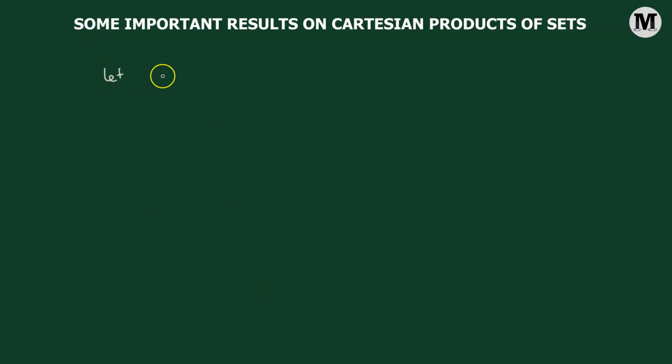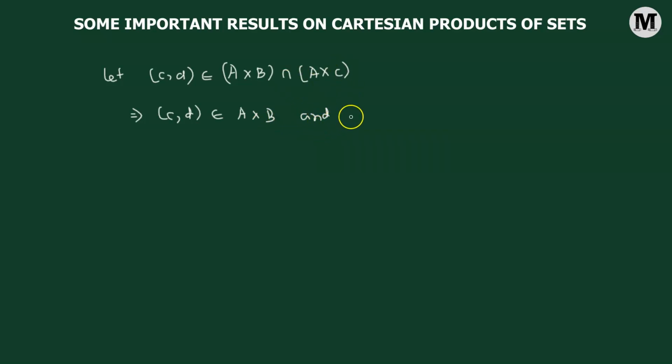Let the ordered pair be C comma D. So let's say this ordered pair belongs to the Cartesian product of A and B intersection with the Cartesian product of A and C. This means that the ordered pair C comma D belongs to the Cartesian product of A and B, and since we have an intersection here, the connective will simply be 'and', we also have the same ordered pair C comma D belonging to the Cartesian product of the set A and C.